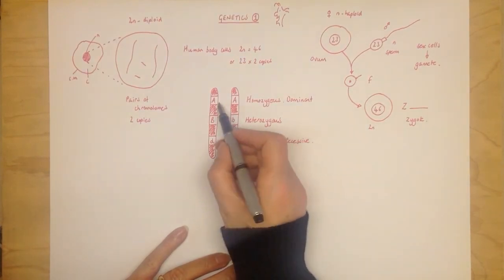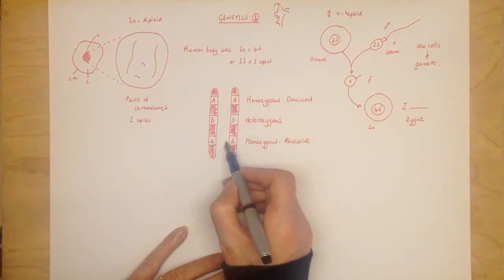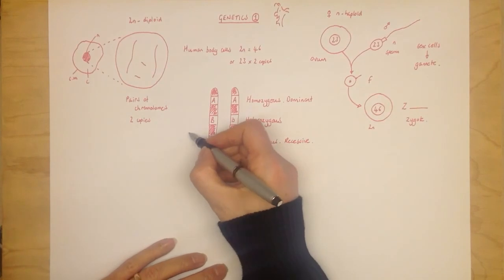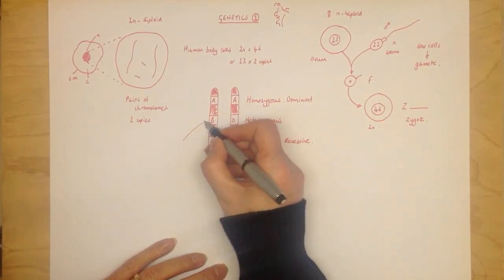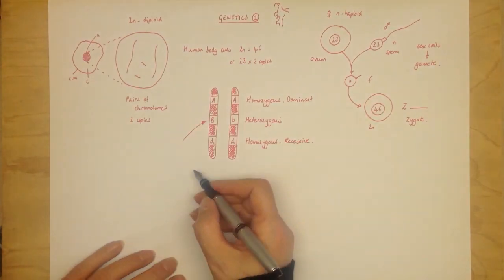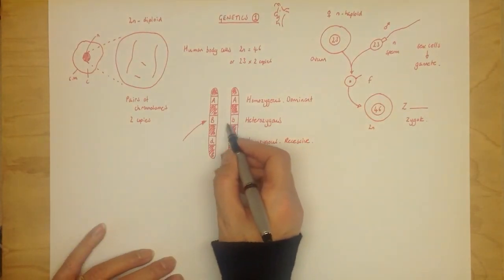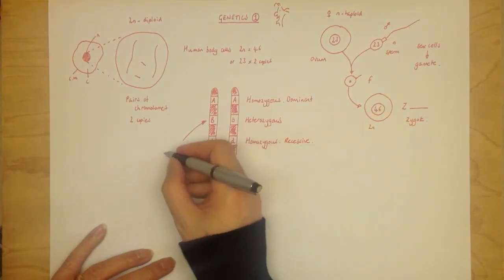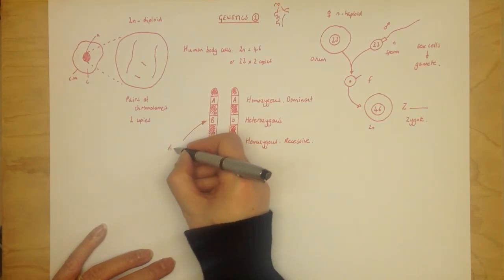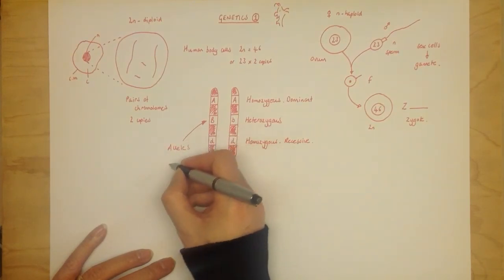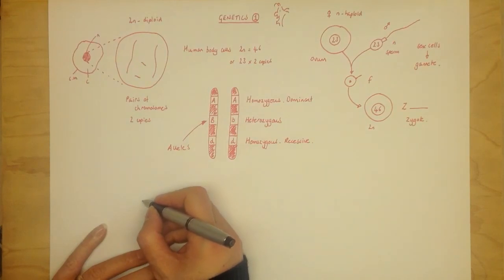Now, these and these are not identical genes, but they are genes that control the same characteristic, though they're different versions of the same gene. So these are called alleles. And people often misunderstand that word.